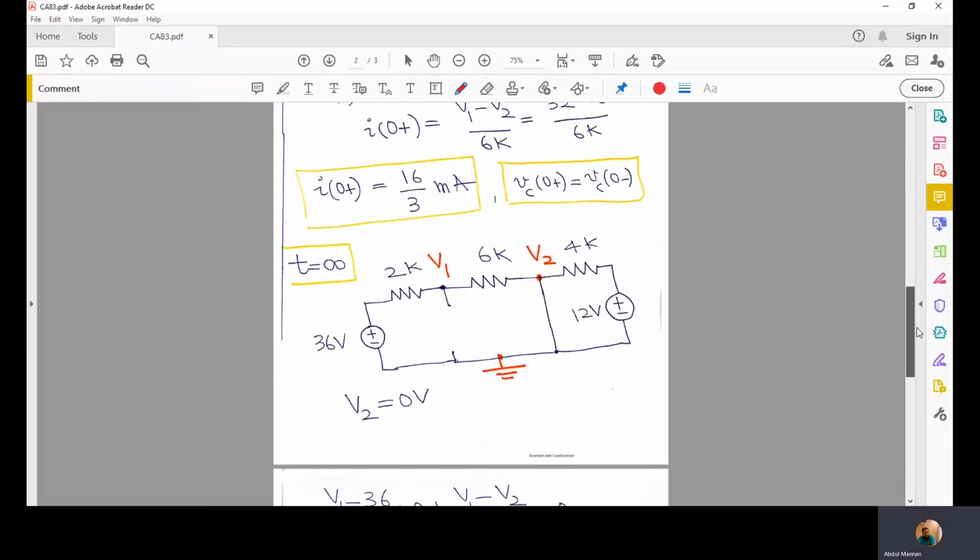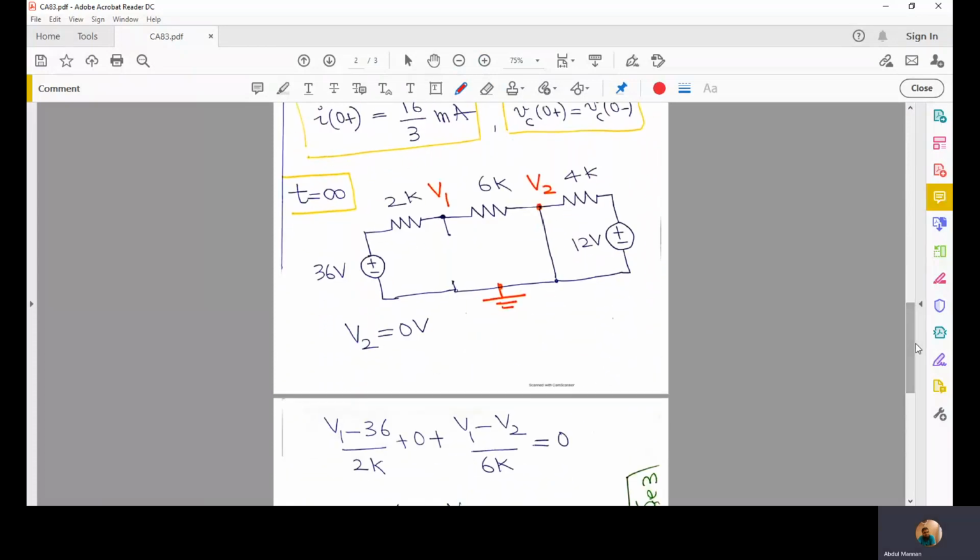Right. At time t equal to infinity, V2 is the same as ground because it is directly connected to ground. For V1, we'll write this KCL equation: V1 minus 36 divided by 2K, plus the current in this branch, which is 0 because it is no longer a source, plus V1 minus V2 divided by 6K.